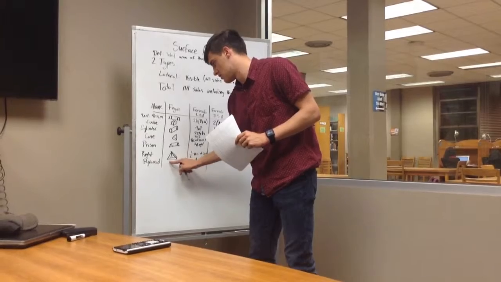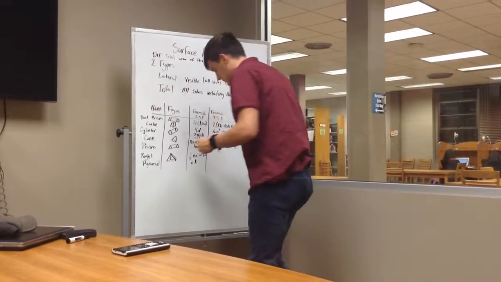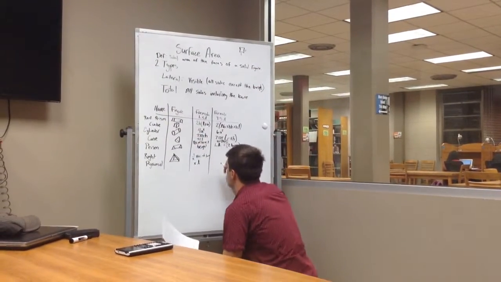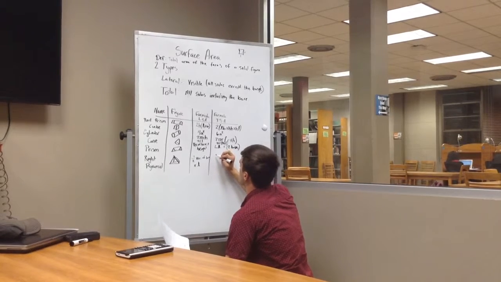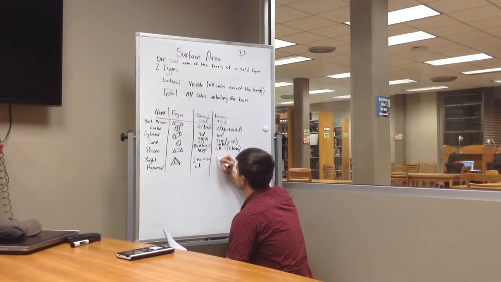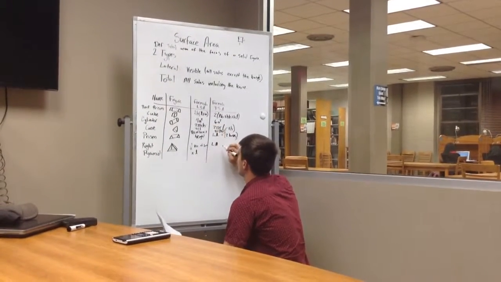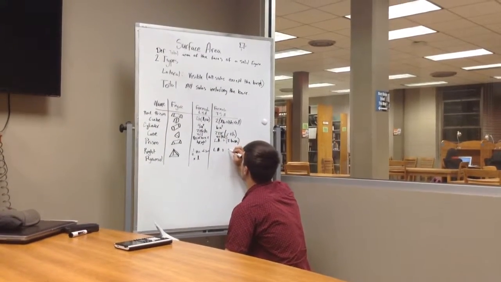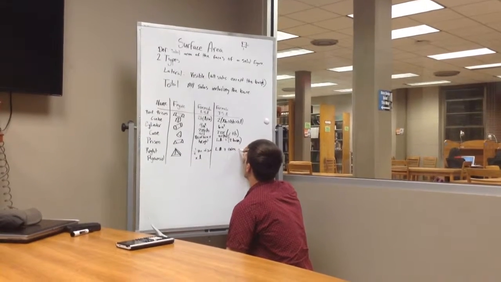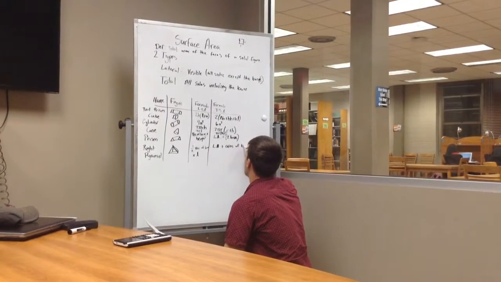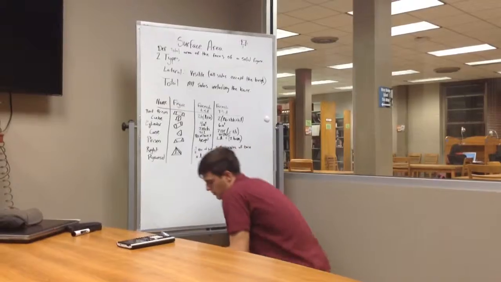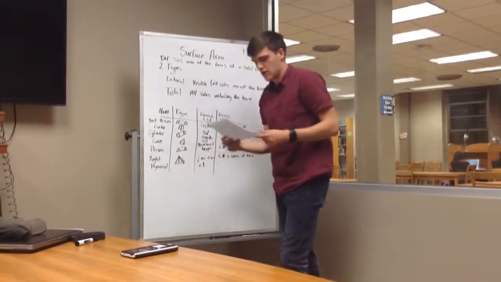Correct? Great question. All right, and then finally, we're going to figure out the total surface area. So the total surface area looks like L, the lateral, plus the area of the base. All right, perfect. Great job so far.